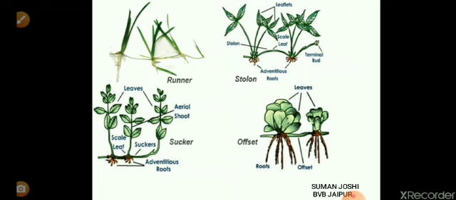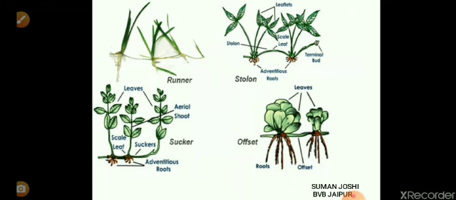The second type is sucker. I think you all must have seen the mint plant. The mint plant vegetatively grows through the sucker. Here's the stem which has the node which is present below the soil, and from there the nodal region where the bud is present, a new shoot grows, and then it grows upward and comes out of the soil.